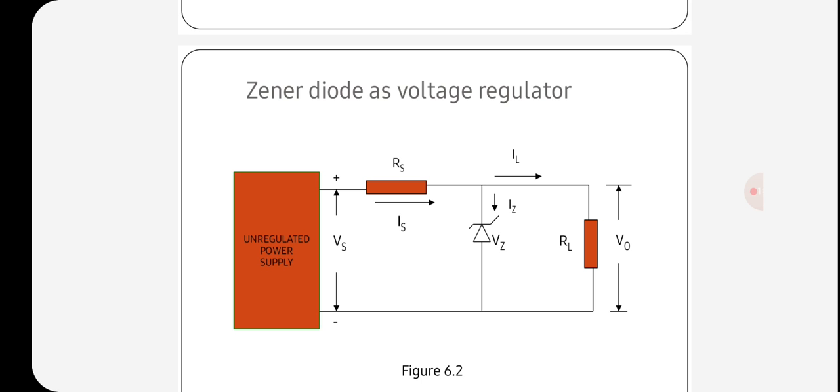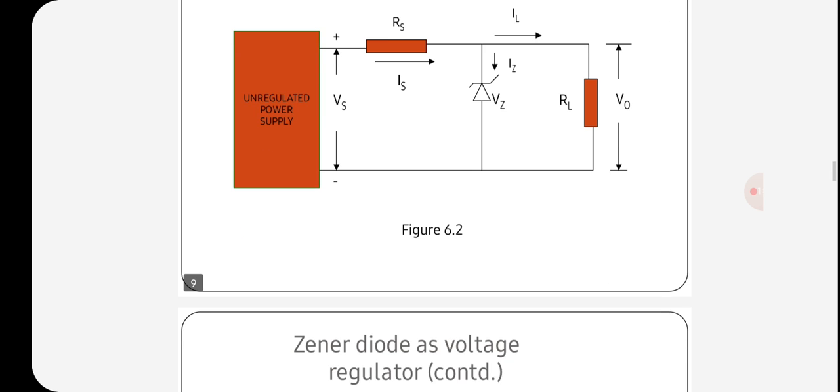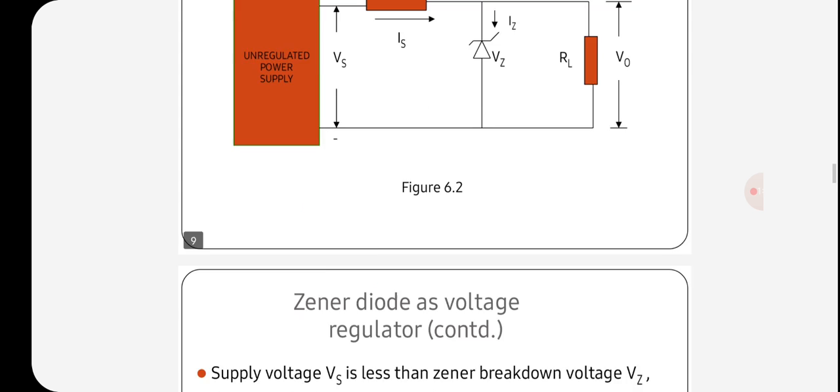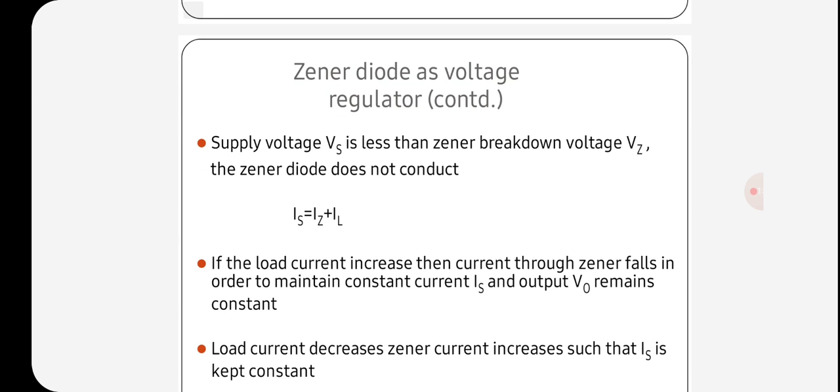Next we go for Zener diode as a voltage regulator. Basically there are two types of regulation, line regulation and load regulation. In line regulation, series resistance and load resistance are fixed. Only input voltage is changing.